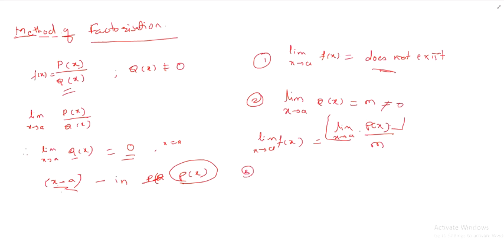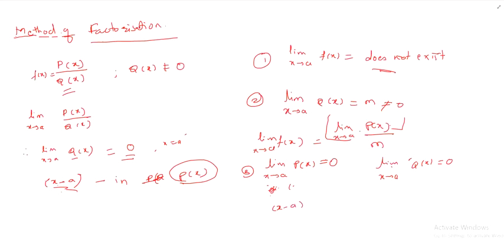Now the third one: both the limits are 0, that is, the limit as x tends to a of p of x is equal to 0, and the limit as x tends to a of q of x is 0. Its meaning is that in both the polynomials the common factor is x minus a.